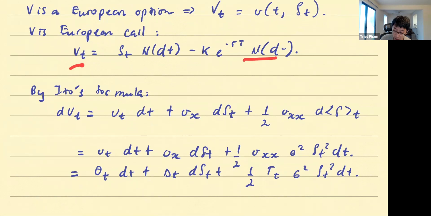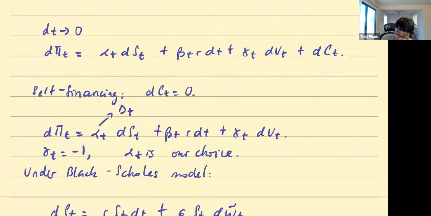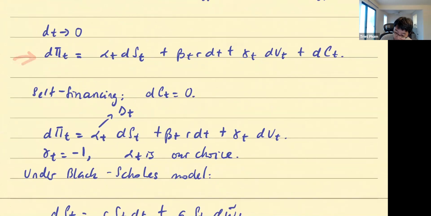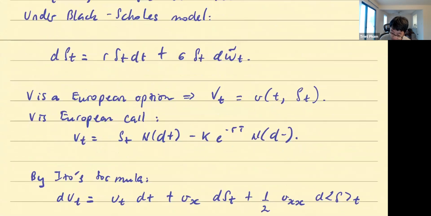For example, call option, you know how it works. So putting all these pieces together, you as an investor will see that the right choice for you is alpha. Oh, sorry, alpha will be exactly the delta of the call option. Okay.